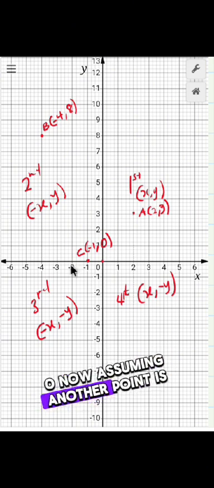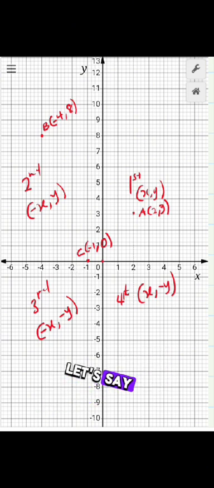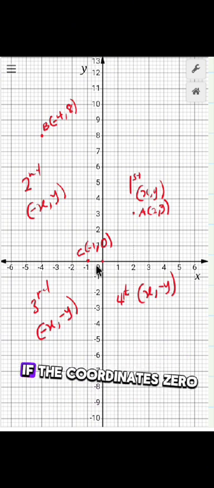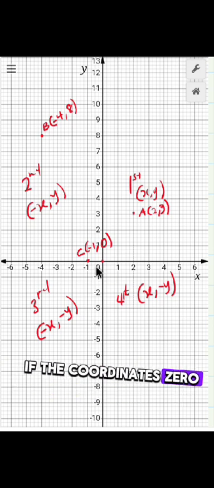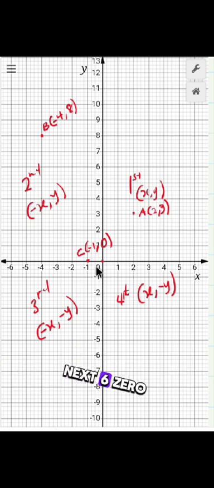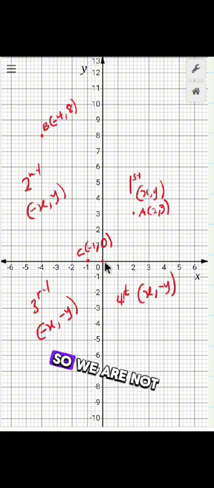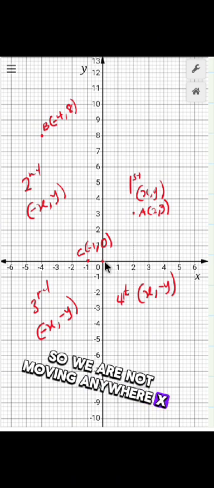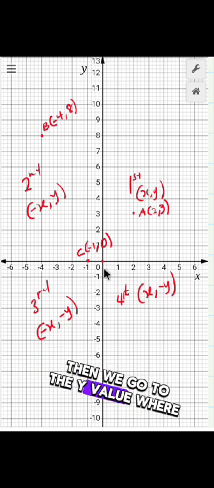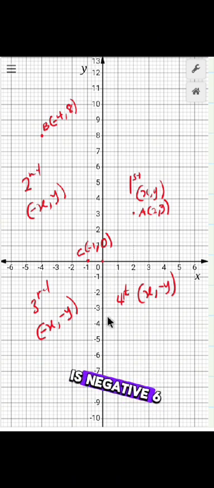Now assuming another point is labeled, let's call that point D, with coordinates 0, -6. Here the x value is 0, so we are not moving anywhere. Then we go to the y value, which is -6, so you move down.